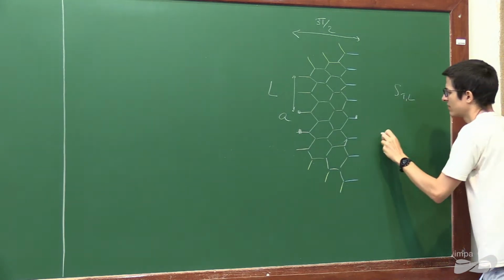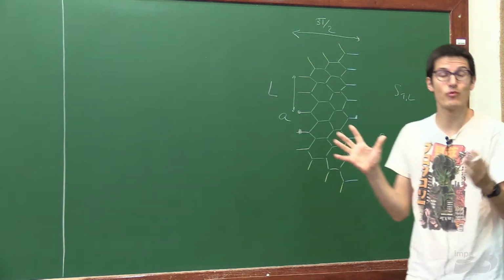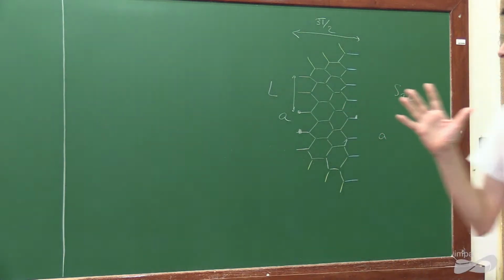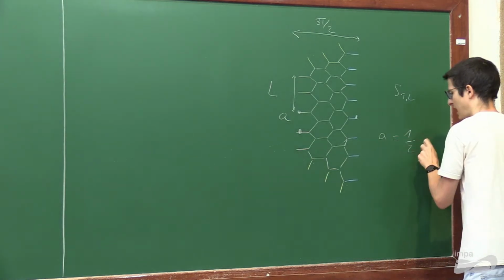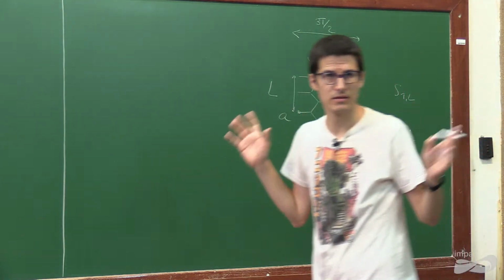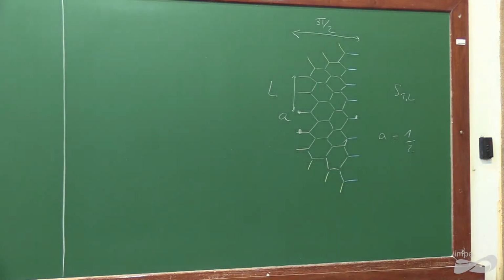It's not really important where you put this point, but I just take A equal to 1/2 to fix ideas. If you consider the translation of this, the reasoning would work the same.